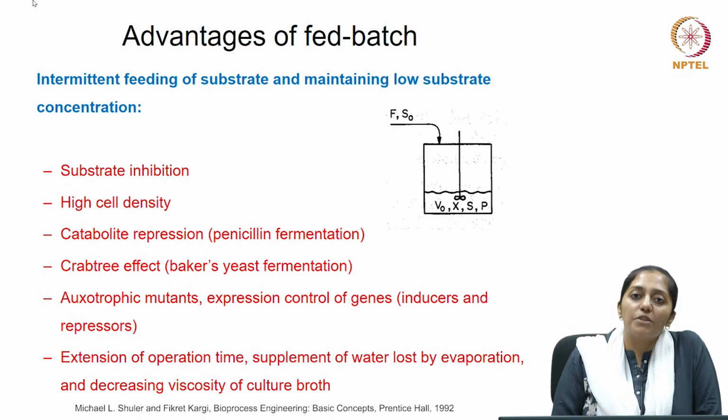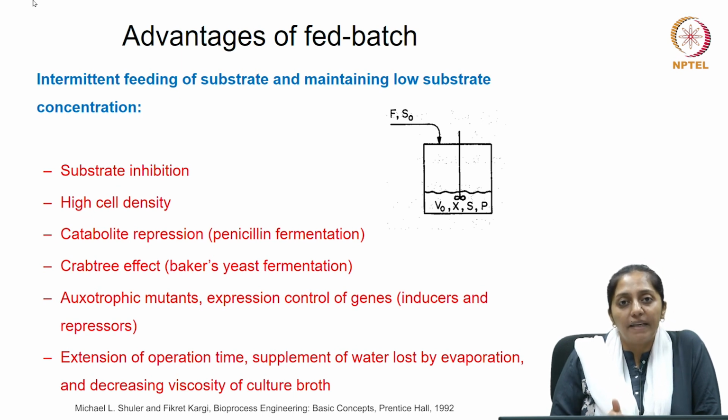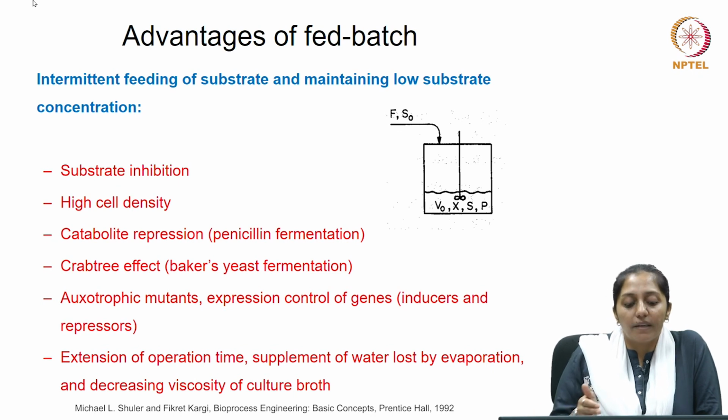So, a fed batch process can help in maintaining the glucose concentration inside the reactor at levels below which catabolite repression does not happen, beyond which catabolite repression starts happening. One can maintain this by manipulating the glucose feed rate inside the reactor.